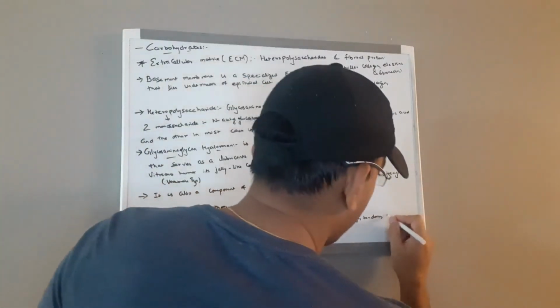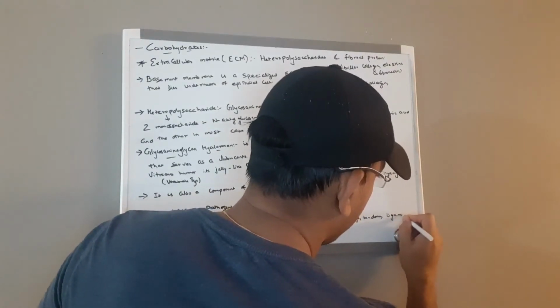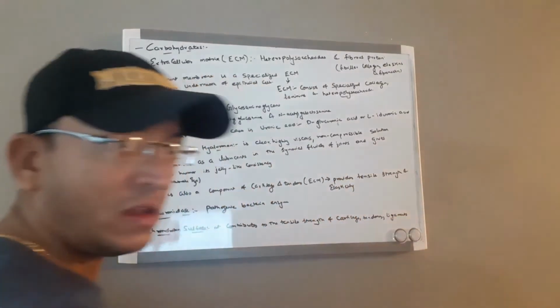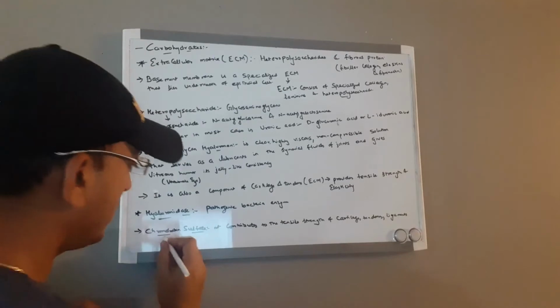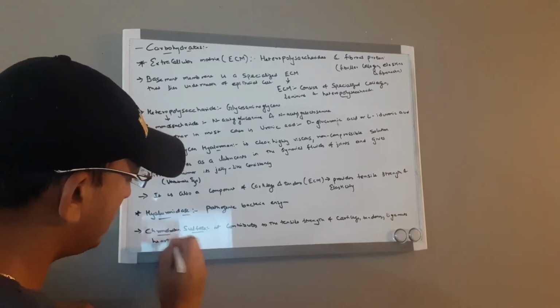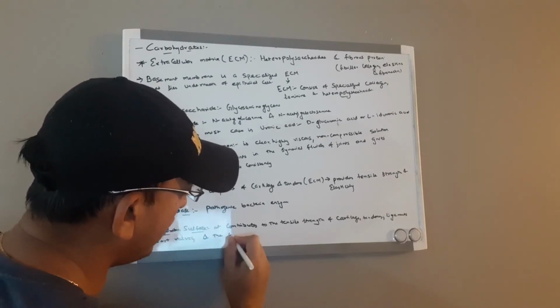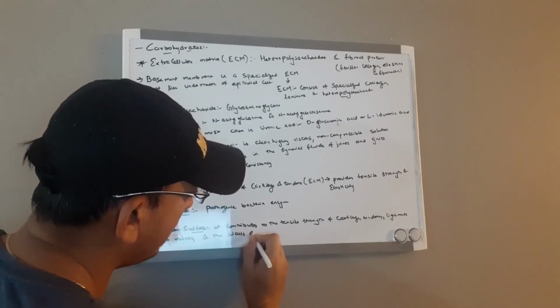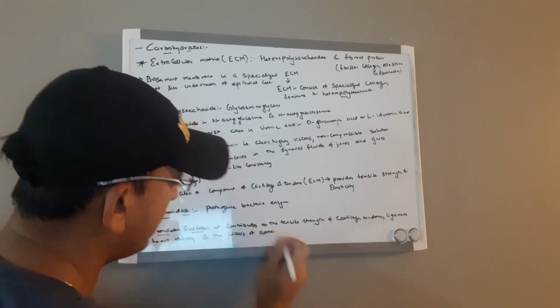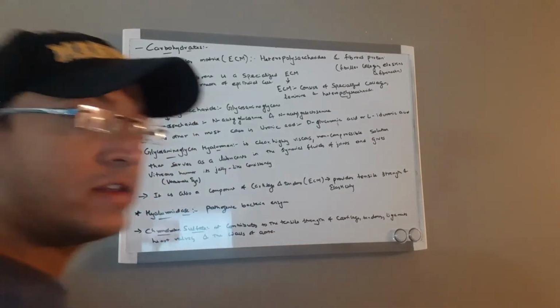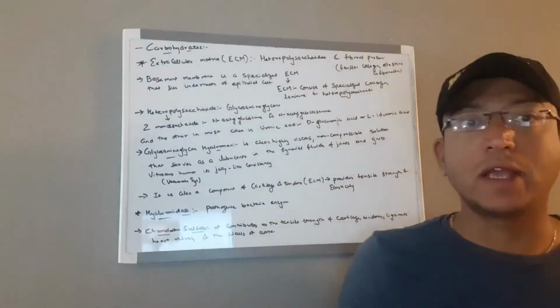Tendons, ligaments, heart valves, the walls of aorta. So these all have this chondroitin sulfate heteropolysaccharide.